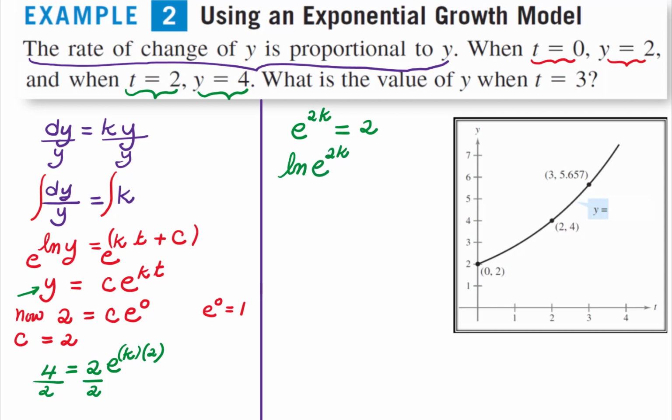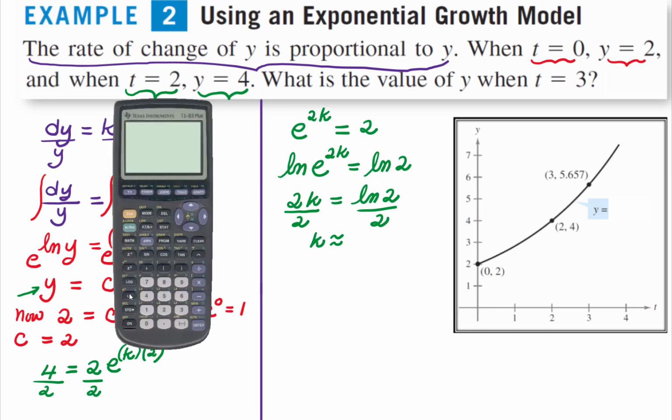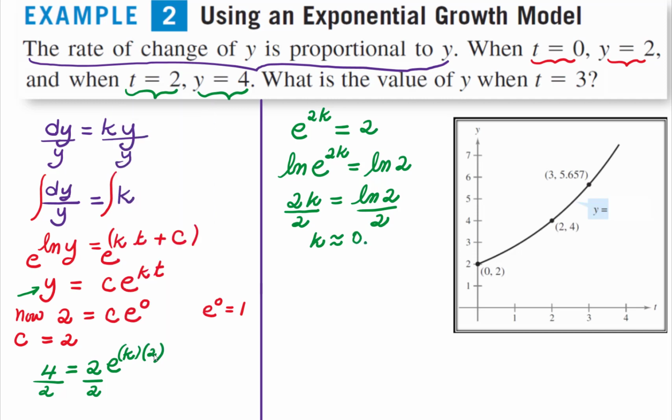Ln e to the 2k is equal to ln 2, which means that 2k is equal to ln 2, and k is equal to ln 2 over 2 when we divide both sides by 2. Ln 2 divided by 2 is approximately 0.347.